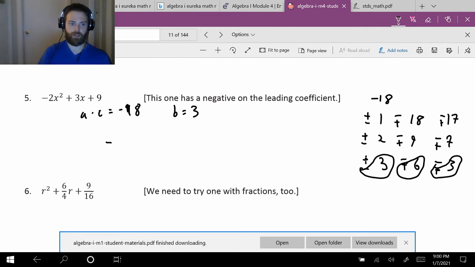So I'm going to split up that term, so negative 2x squared minus 3x plus 6x plus 3. So I can factor this out. There's a negative that factors out of these two, and an x. I'm going to factor that negative and the x out, but 2x plus 3 are not divisible by another number.